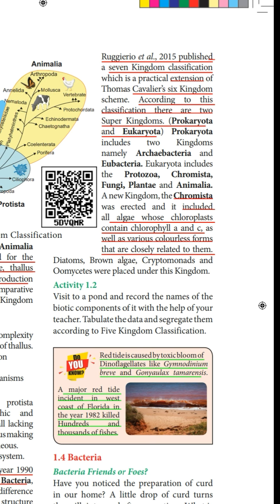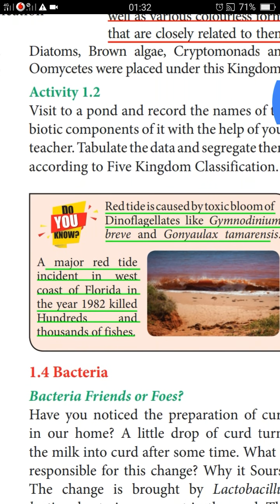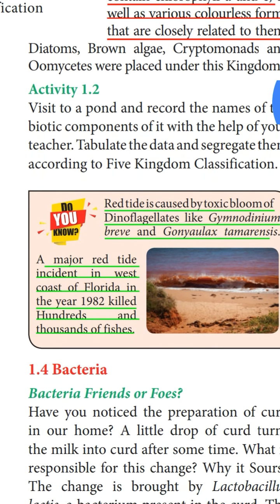Next, we are going to study about red tides. Red tide is caused by a toxic bloom of dinoflagellates, a type of algae like Gymnodinium breve and Gonyaulax tamarensis.